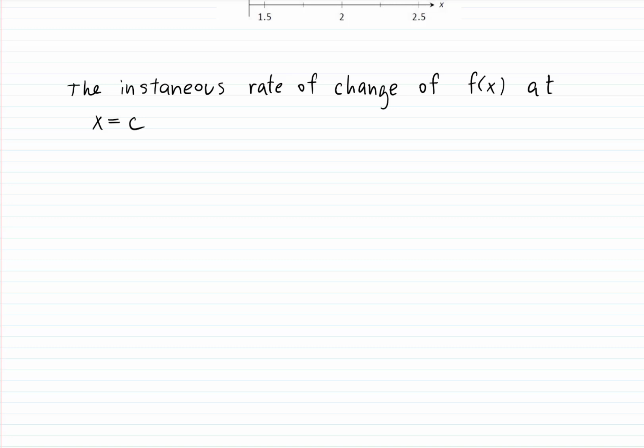You can do it at any other location. The instantaneous rate of change of f of x at x equals c is the limit of f of c plus h minus f of c over h as h goes to 0. Okay?